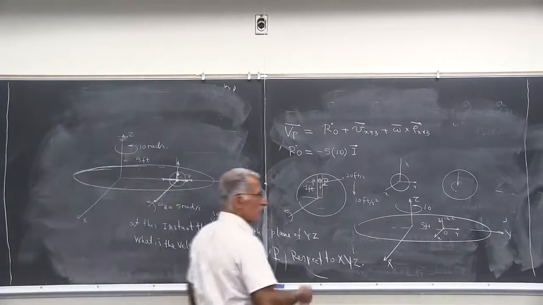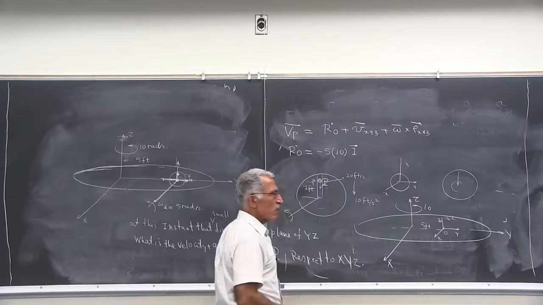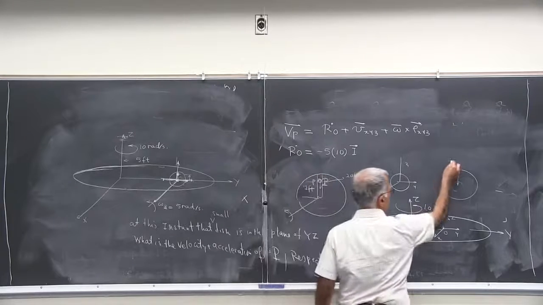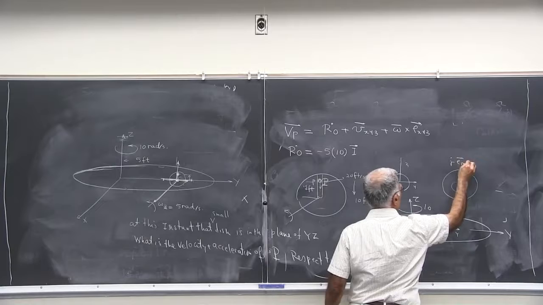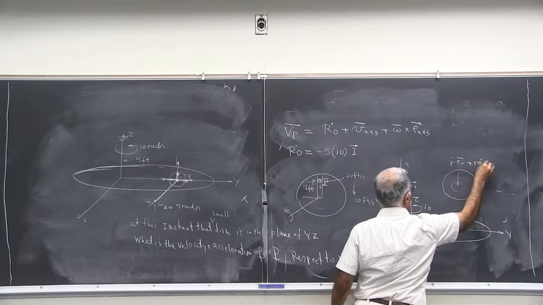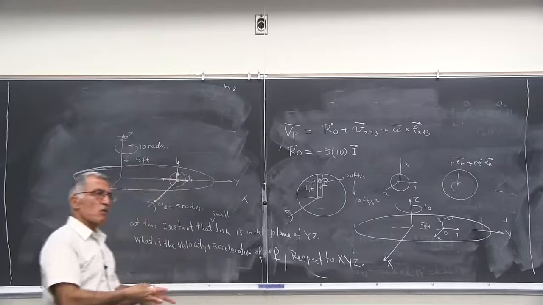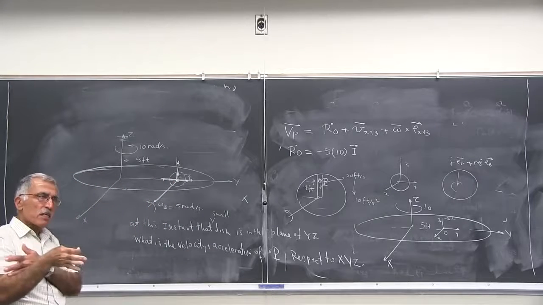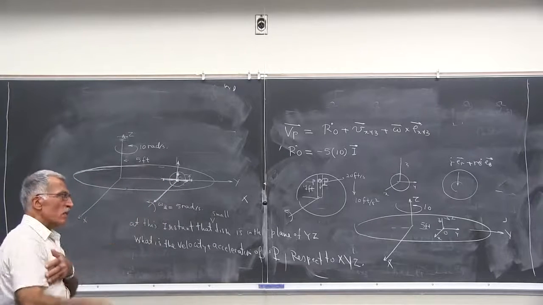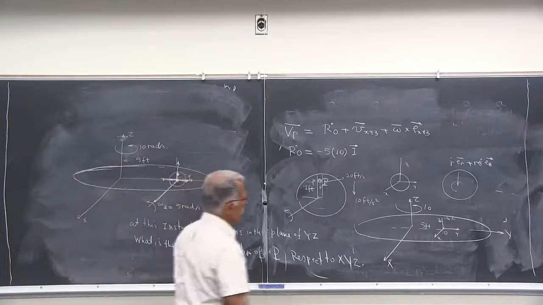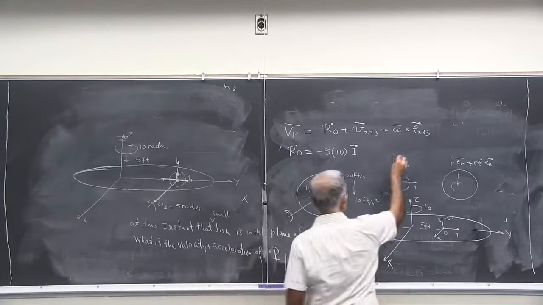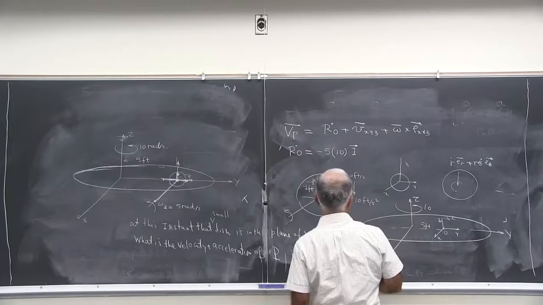So according to the cylindrical coordinate system, you can say it is r dot er plus r theta dot e theta. So that's your equation for cylindrical coordinate system. If the arm is changing and is rotating, your r dot is simply the velocity with respect to a small xyz.